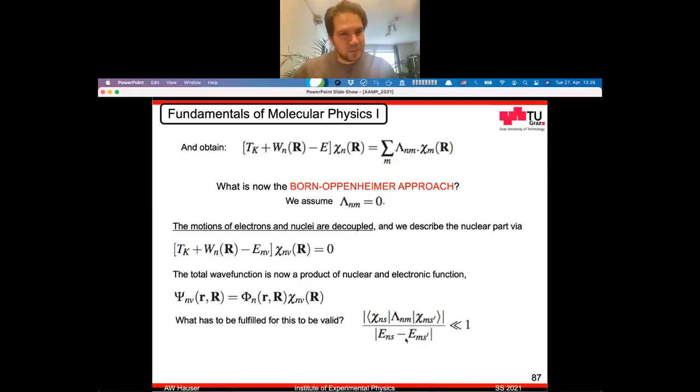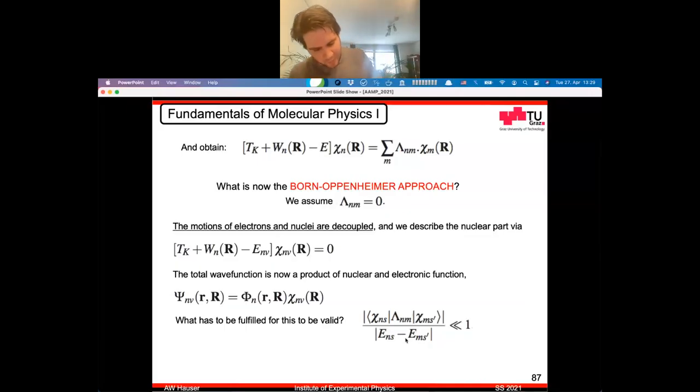What could happen? I've shown you two electronic states here, the ground state and an excited state. And what I did in the ground state was I solved the nuclear Schrödinger equation in this potential. Can I do the same thing for the excited state? Yes, why not, right? In this picture, it's the same thing. I have a potential energy surface. This one is higher because it's an electronically excited state.